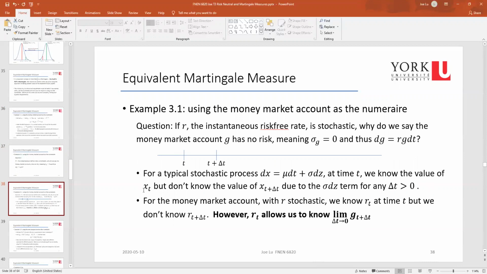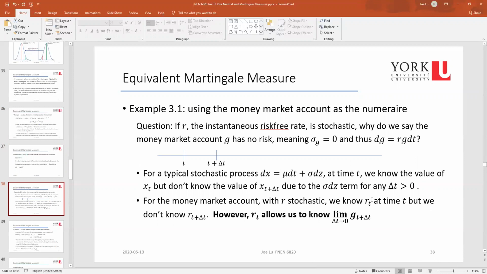Which means you know the value of X at t, but you have some uncertainty about the future value of X at t plus delta t because of this random innovation. Now for the money market account, although R is stochastic, R at time t is known.